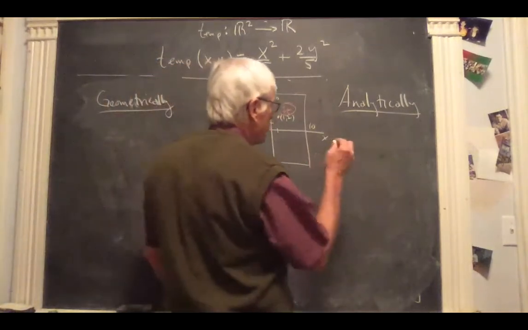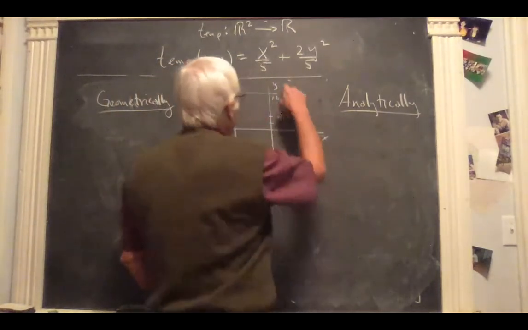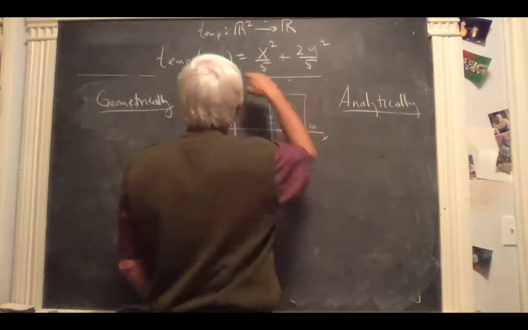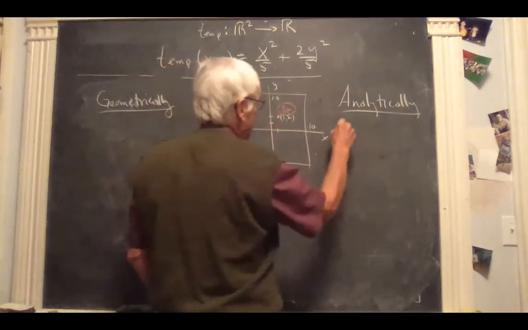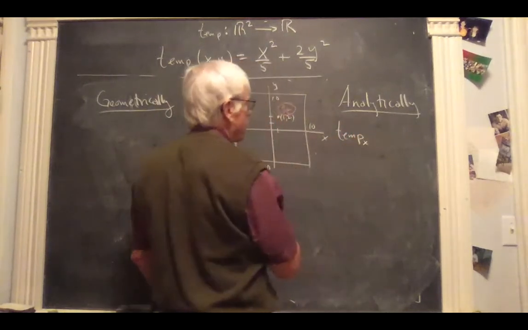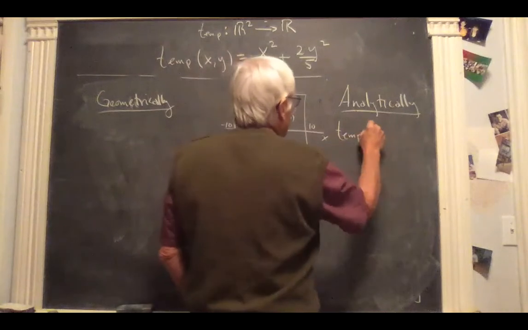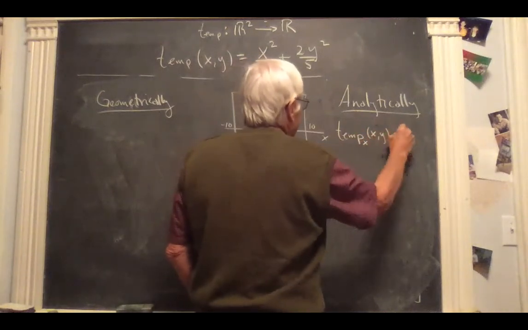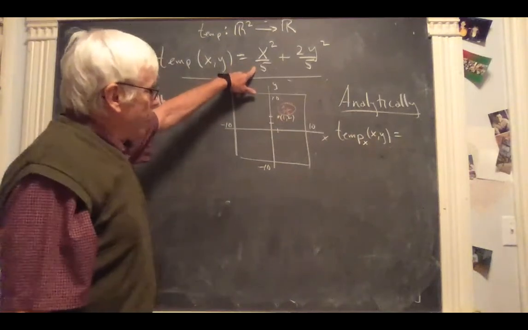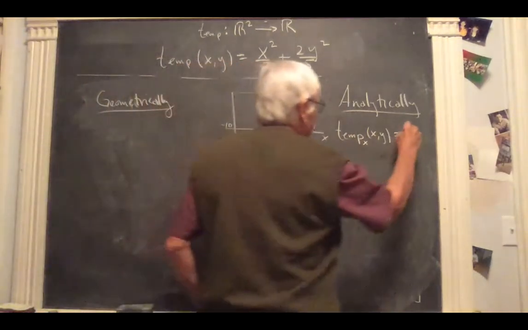This thing has two slopes. It has a slope in the x direction, which would be given by the derivative of this function with respect to x, the temperature function with respect to x. And if you just take the derivative with respect to x, treating y as a constant, you get 2x over 5.